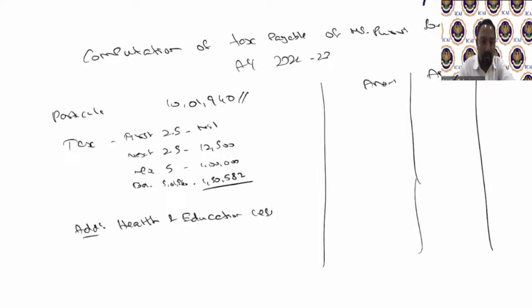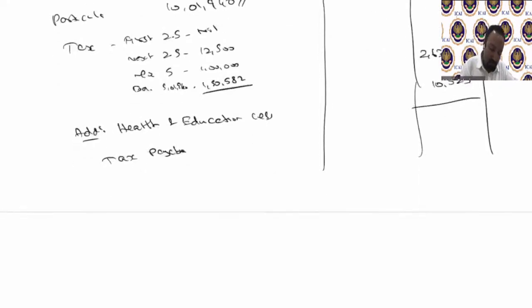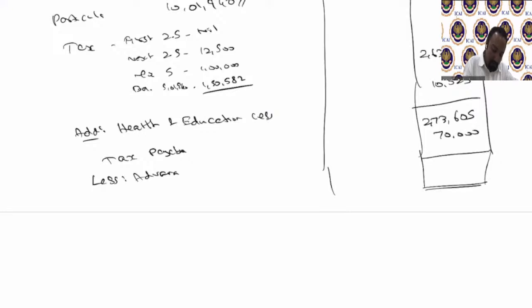So the tax payable will be 273,605, less he has paid advance tax of 70,000. So it will be 2,03,605. So that will be the total tax payable under this particular.